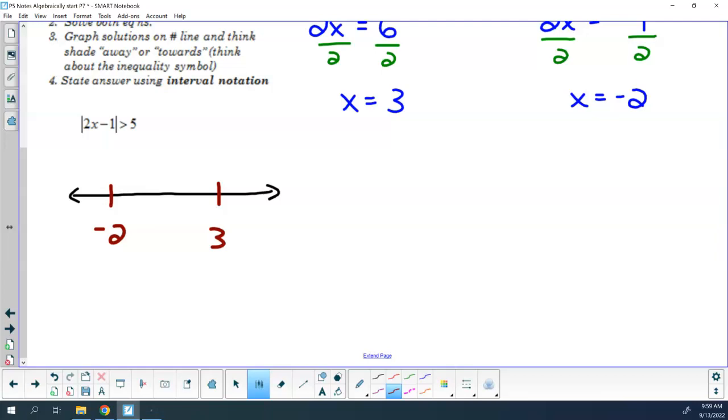We want them to be in numerical order, so negative 2 would be on the left, positive 3 would be on the right, positive 3 is bigger. Okay? Am I dealing with open or closed dots? Open. There's my answer.